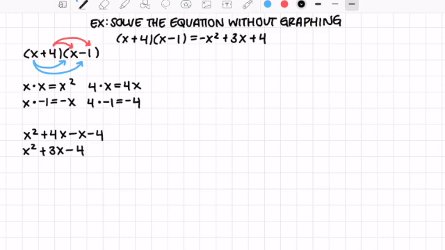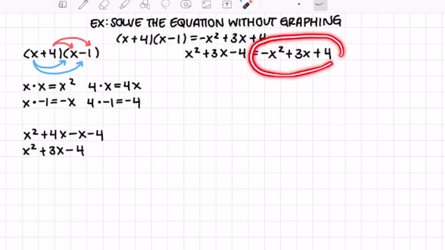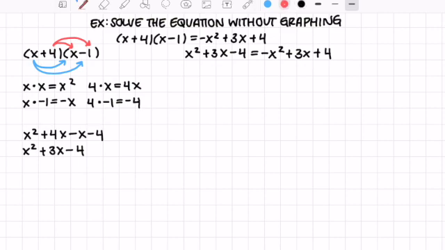So my new expression should be x to the power 2 plus 3x minus 4 equaling negative x to the power 2 plus 3x plus 4. And I'm just going to move all of this expression to the left side so that I can combine them together. So I'll start off by moving the positive x to the power 2.